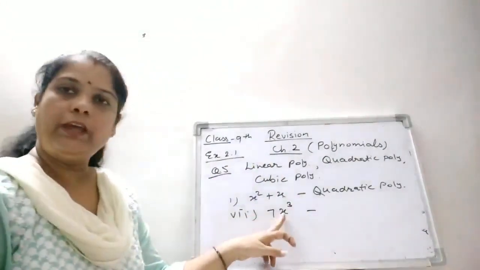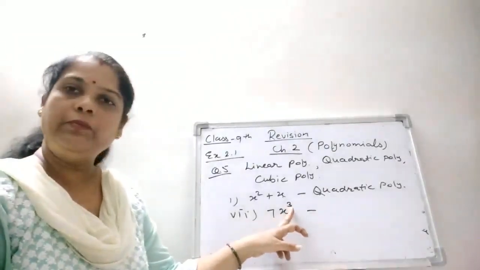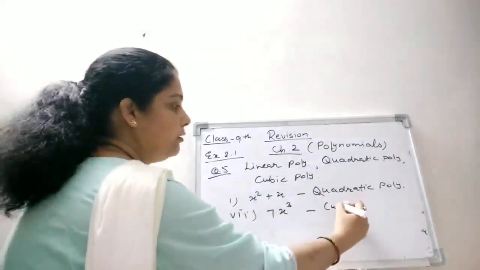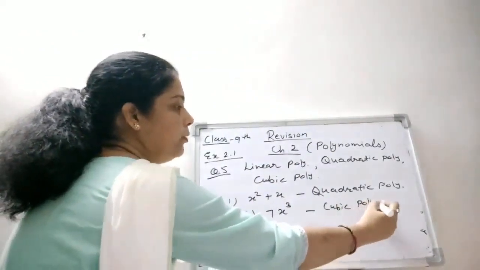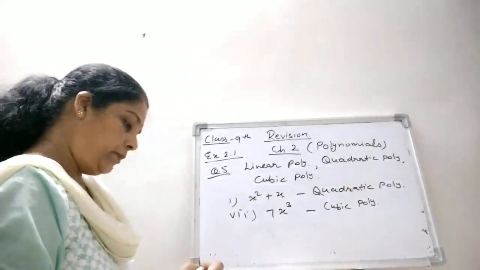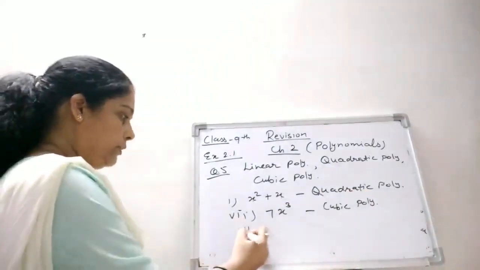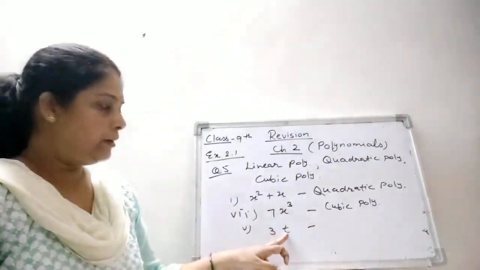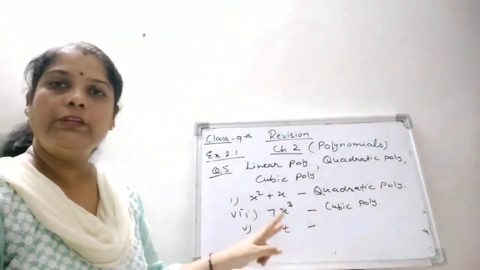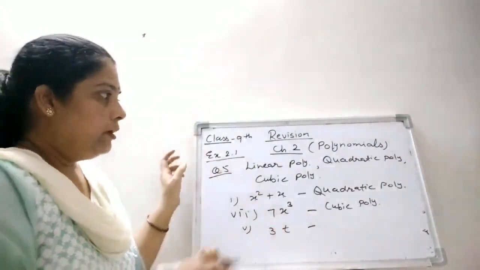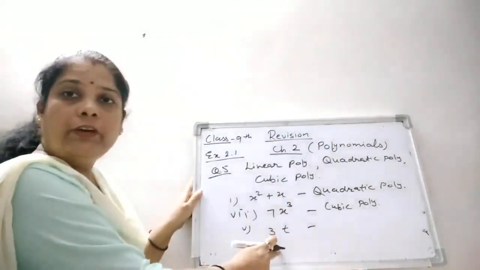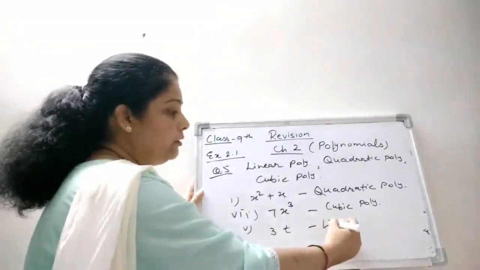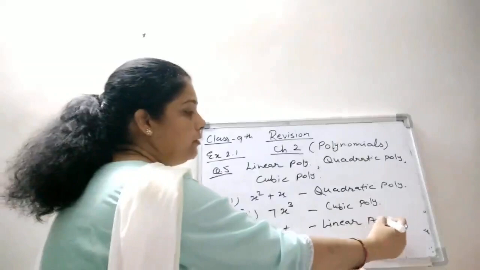Now here the variable x and power of this variable is 3, means degree here 3. Degree 3 means which polynomial? Cubic polynomial. And one more example I am taking, that is 5th part, 3t. Here the variable is t and the power of this t is 1, means degree is 1, and it is with 1 degree. Expression with 1 degree is known as linear polynomial.